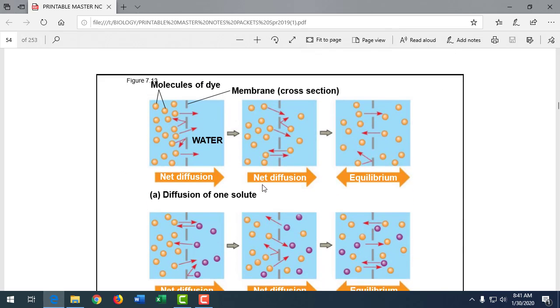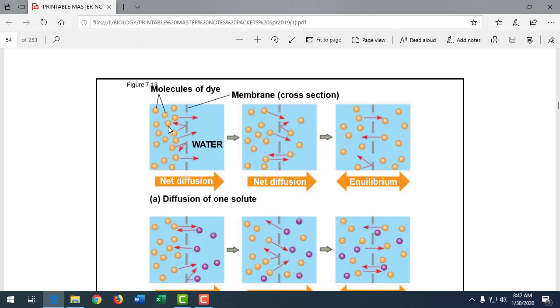So here we put some food coloring in, molecules of dye. We have a semi-permeable membrane, but it's permeable to water. So the molecules are small enough to fit through this membrane, so the water molecules are going to move. We're going to see more of a net movement into where there's no molecules, right? So there's what we call a concentration gradient.